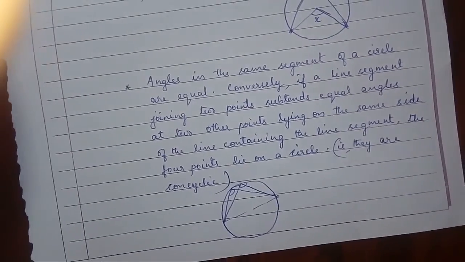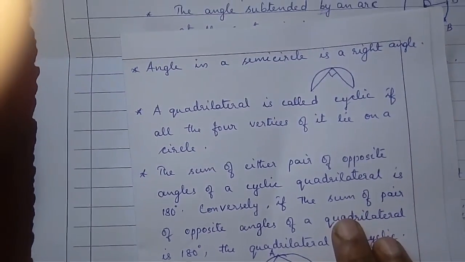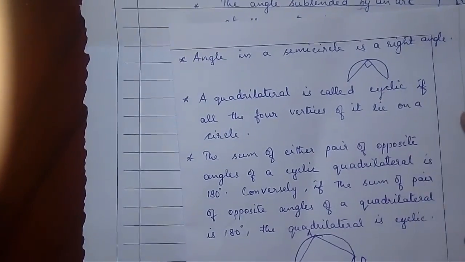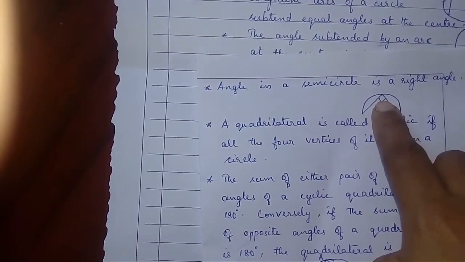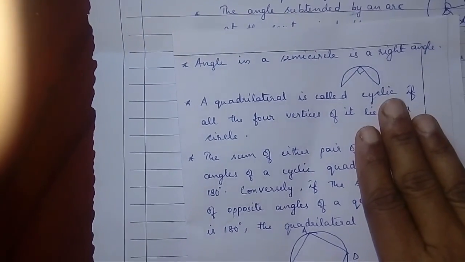Then the next definition: angle in a semicircle is a right angle. Here one semicircle. Then the angle formed or subtended in a semicircle is a right angle.